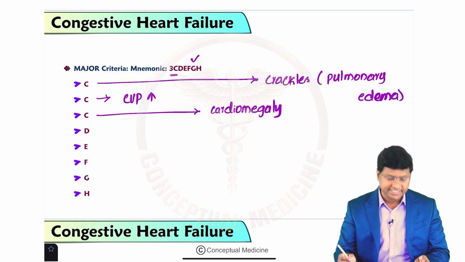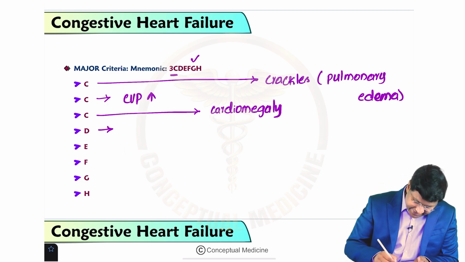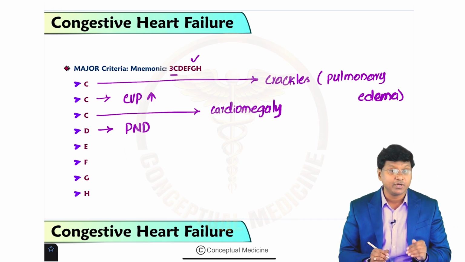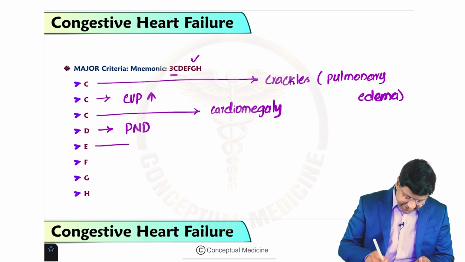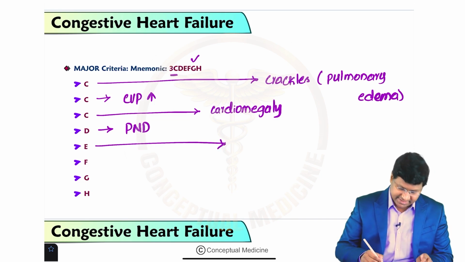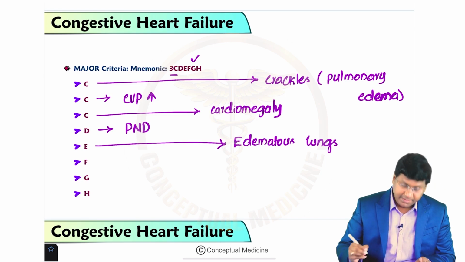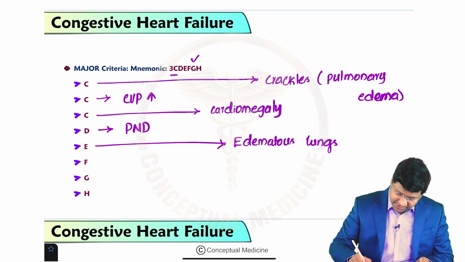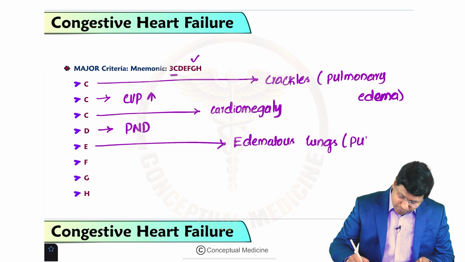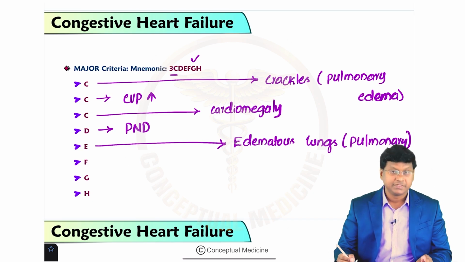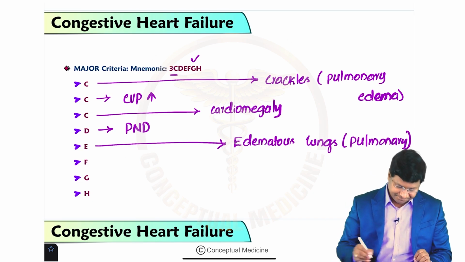D stands for dyspnea, that is paroxysmal nocturnal dyspnea. E stands for edematous lungs, and that is pulmonary edema.